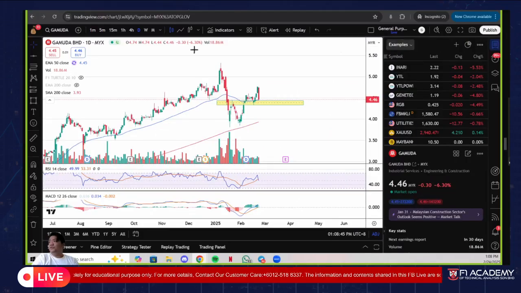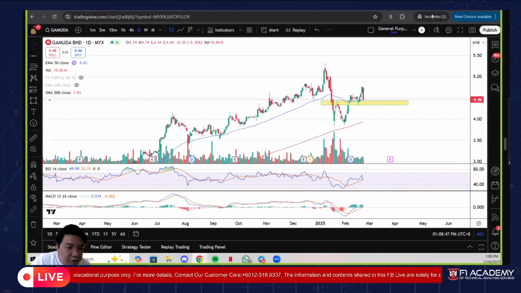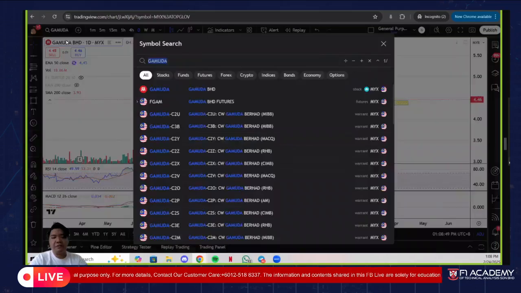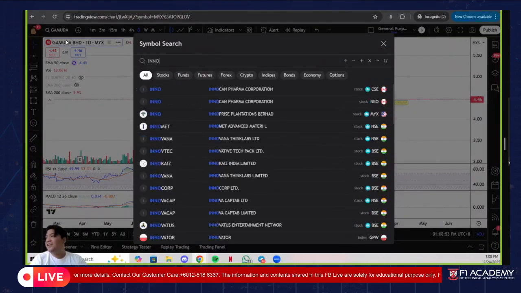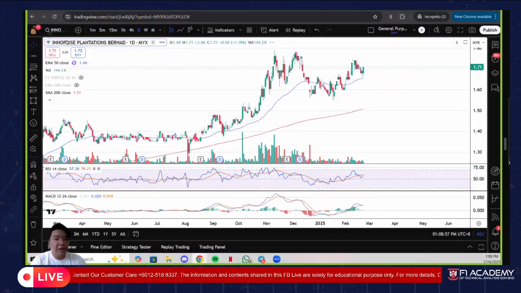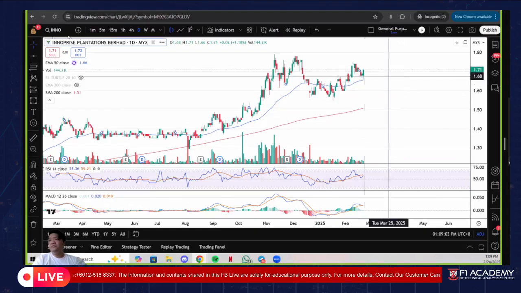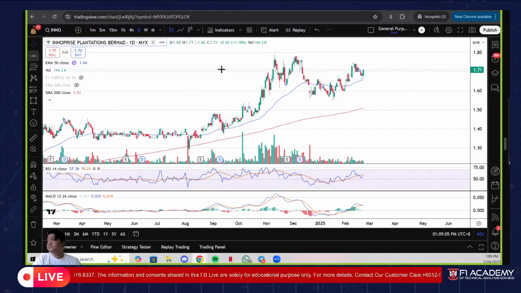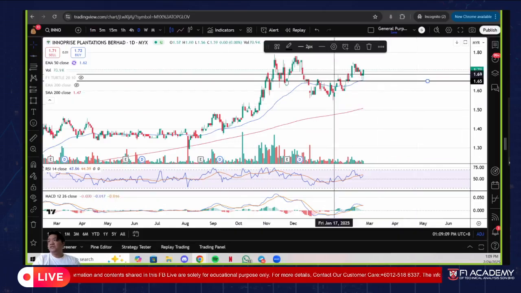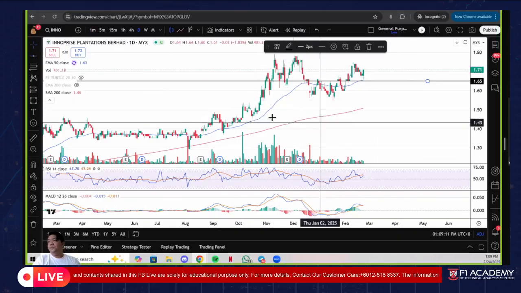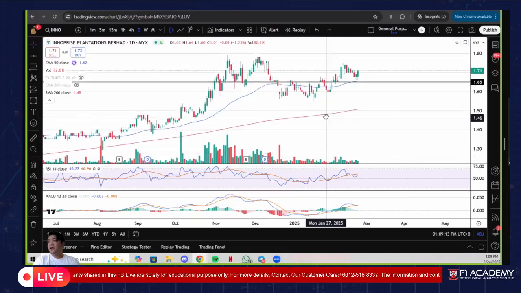Let's go through Eno. Okay, sorry guys, screen's a bit small. My bad. It is this Eno, right? I just want to be sure. So similar with Eno, but I would be careful about these kinds of stocks.